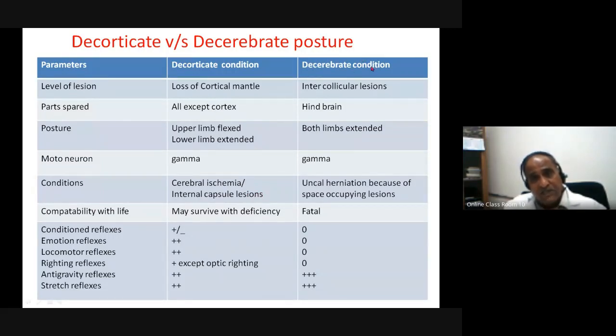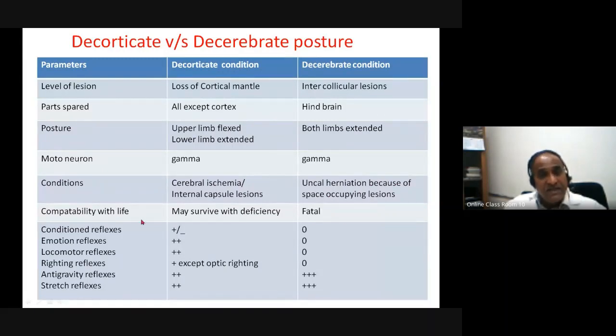In decerebrate preparation, it is because of uncal herniation, from space-occupying cerebral tumors or cerebral abscess, or raised intracranial pressure, which pushes part of the brain through the herniation. That is because of the space-occupying lesions.